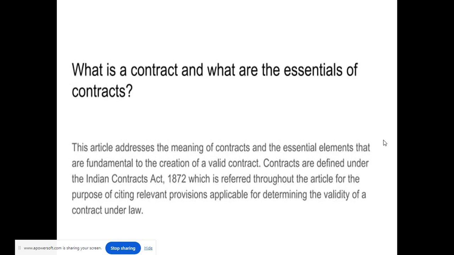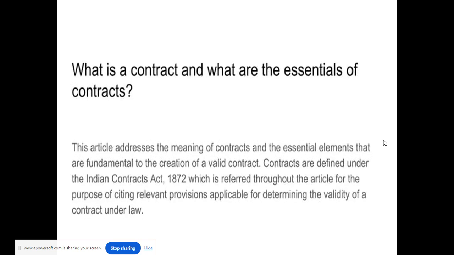The Act of 1872 addresses the meaning of contract, where the essential elements are fundamental to the creation of a valid contract. It means a contract is an agreement between two parties, as I've earlier told, which will be enforceable by the law. As per Section 2(h) of the Indian Contract Act, an agreement enforceable by law is a contract.